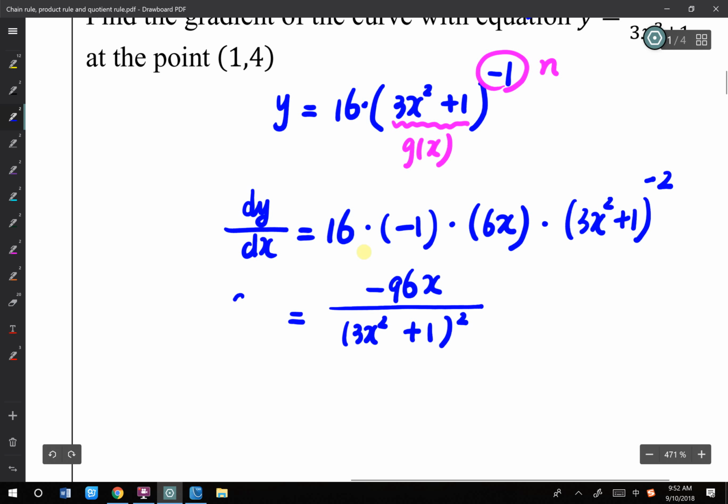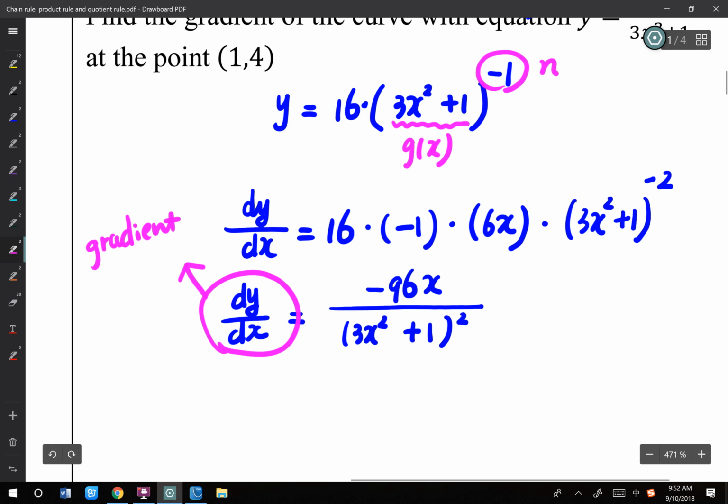That's the dy/dx. And just a little bit of revision, I'm not sure if you still remember: dy/dx represents the gradient at any point. The gradient at any point. dy/dx is the gradient at different x values.